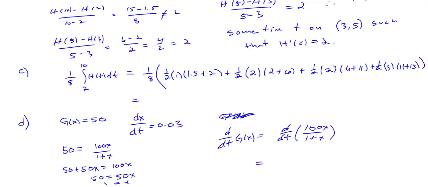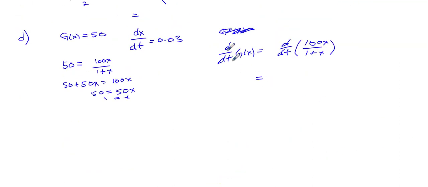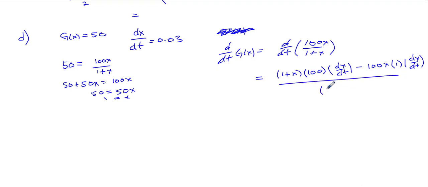Now, because we're taking the derivative with respect to t, it'd be low, 1 plus x, d high, which should be 100 times dx/dt then though, minus high d low. The derivative of low is 1, but it's with respect to t. All over low squared, which is 1 plus x squared.